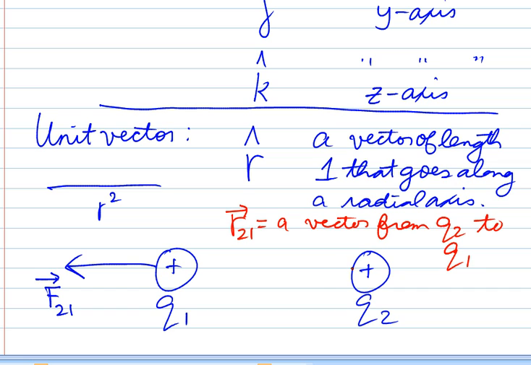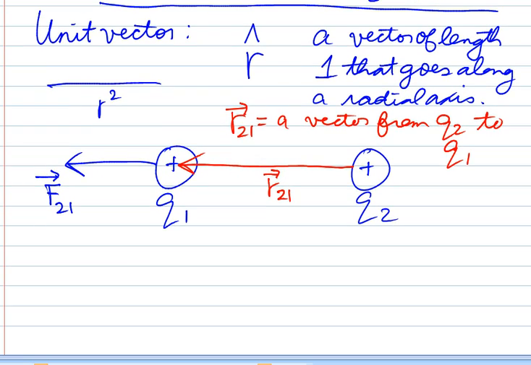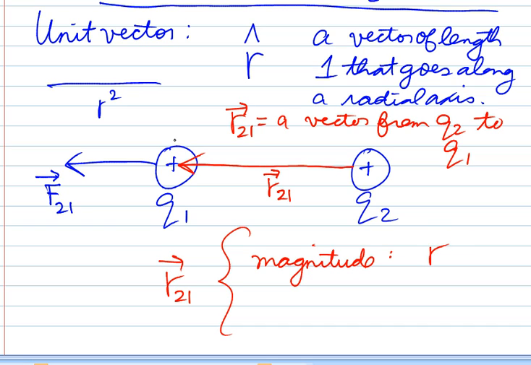So what does that look like? It looks like that. That is r21. Okay? Now, r21 actually has two parts. It has a magnitude. What is the magnitude of it? The magnitude is its length, and we already said a moment ago that that is simply r, the distance between the two charges. Okay, so far so good.